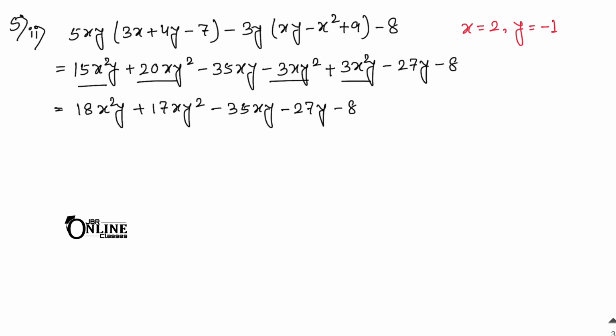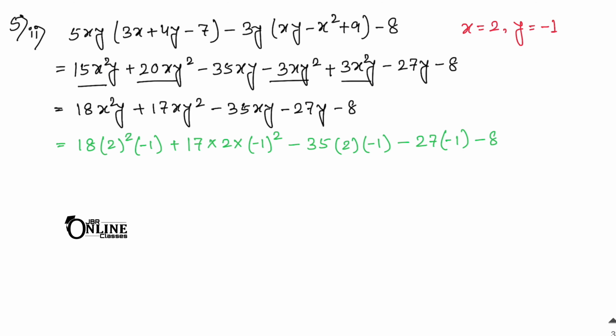Now as x equal to 2 and y equal to minus 1, the final value will be 18 into 2 square into minus 1. Then 17 into 2 and then minus 1 whole square. Then minus 35 into 2 and then minus 1. Last one 27, then minus 1 and then minus 8.